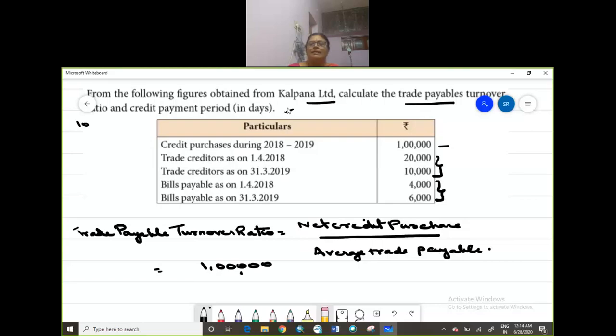See, your net credit purchase is 1 lakh divided by average trade payables. Now you have your opening and closing here, right? So you have to take an average. When they give opening and closing balance, you have to find the average. So 20,000 plus 10,000 divided by 2, plus 4,000 plus 6,000 divided by 2.